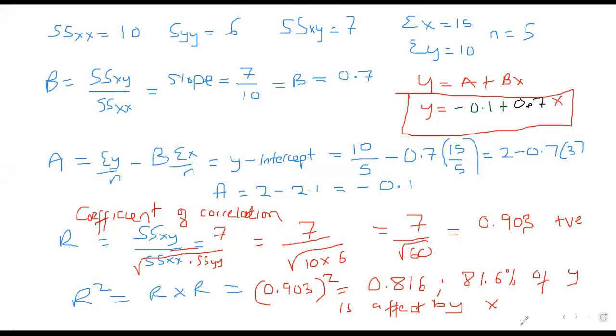They'll also ask you to predict y when x is 10. This is our regression equation we found: y equals negative 0.1 plus 0.7x. So they'll ask you to find y if x is 10.